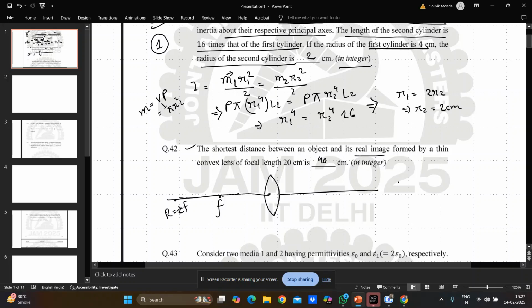But let's try to solve it actually, to see when the distance will be minimum, the shortest distance. So 1 by v minus 1 by u is equal to 1 by f, and let's say u is somewhere here, not between f and 0, because the image should be real. So u is surely negative in this case.